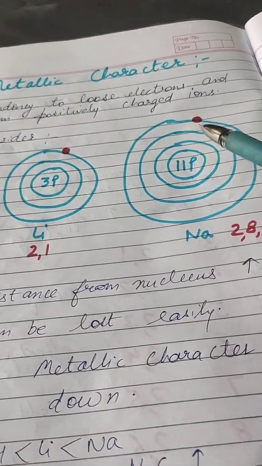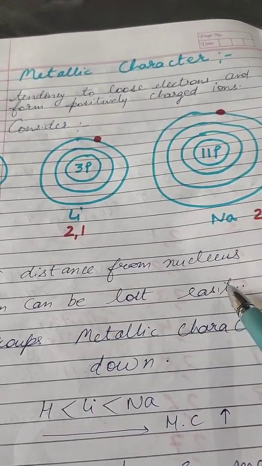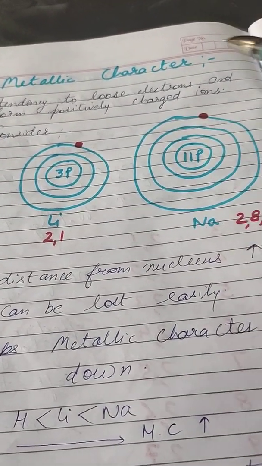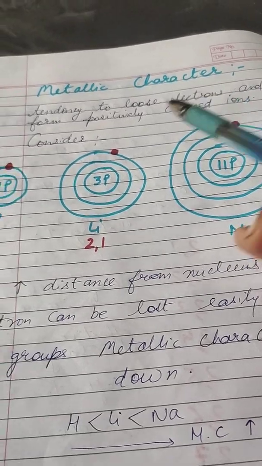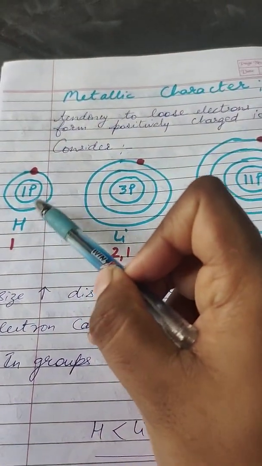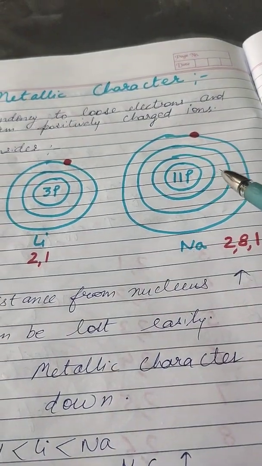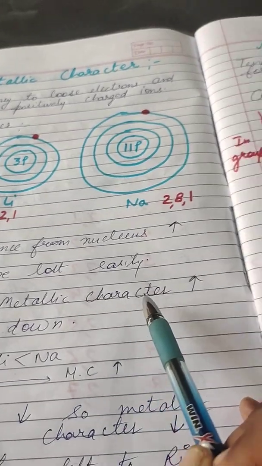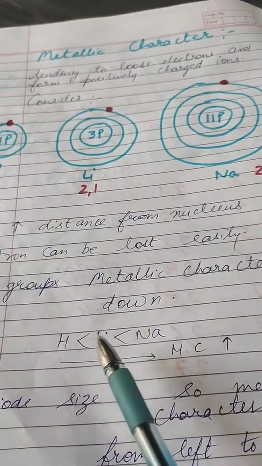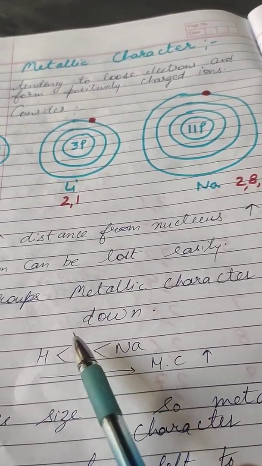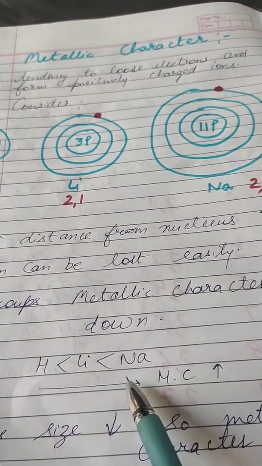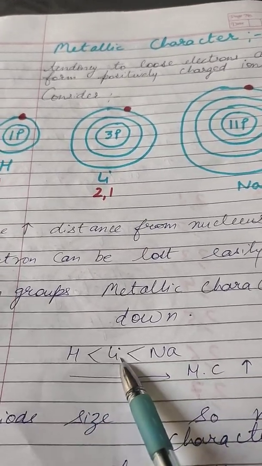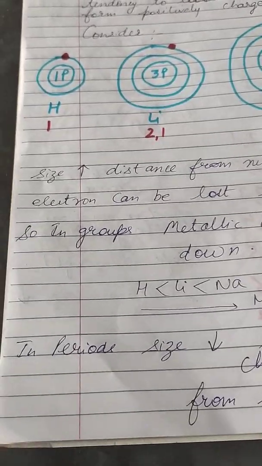Now this is far away from the nucleus, so it can be lost easily. It can be lost easily because the pull, the hold of nucleus on this electron is less as compared to this. This is more near to the nucleus and this is very far away from the nucleus. So it can be lost easily. So I can say in groups the metallic character increases down, or I can say hydrogen, lithium and sodium. Out of these 3, if I want to arrange, the sodium is going to have maximum metallic character as compared to hydrogen and lithium.